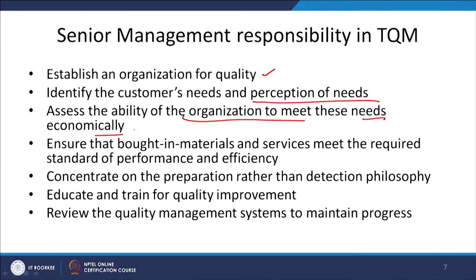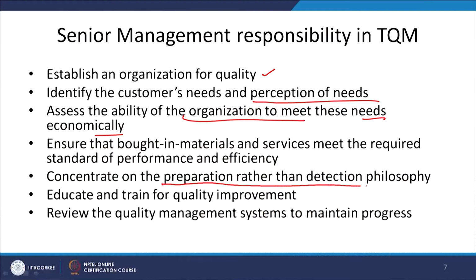Then you need to see how to achieve standard performance, how to improve the efficiency, and how to concentrate on prevention rather than detection. So, we want to use this TQM approach for more process strengthening, so that we do not require detection.